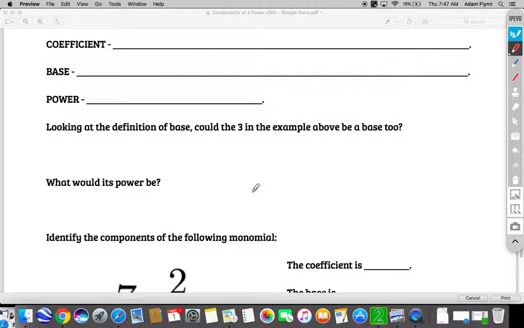Okay, so coefficient. A coefficient is a number at the beginning of a monomial.